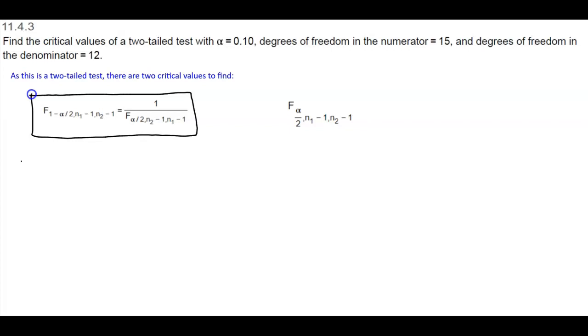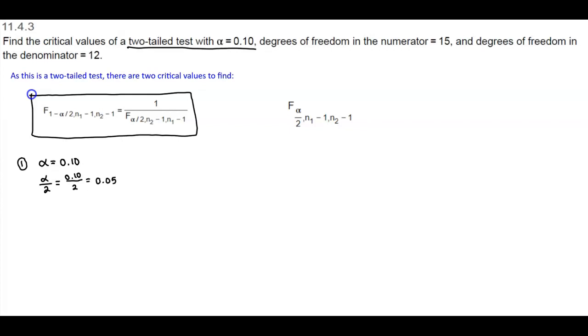First thing first, since this is a two-tailed test and we know alpha is equal to 0.10, we need to take alpha and divide it by 2. So 0.10 divided by 2 gives us 0.05.